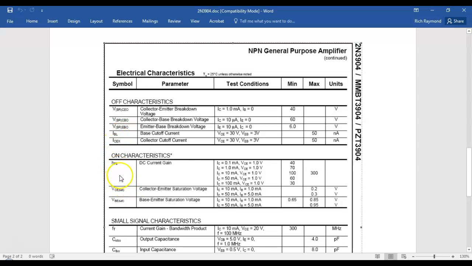We talked about VCE sat. So if we saturate this thing, this guy right here is going to drop a maximum of 300 millivolts. So we don't say 1 volt, we said less than 1 volt, right? Should be 200 millivolts.